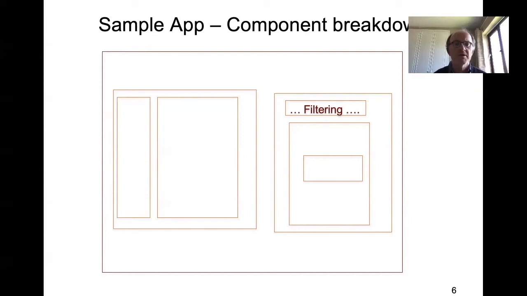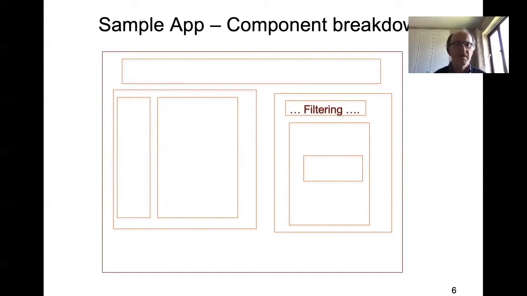Also, it's a good idea in general, because any kind of web app that you develop, there will be a header section in the UI. So by default, we tend to have a component that's just going to be responsible for rendering the header.